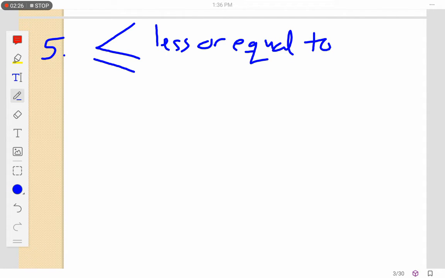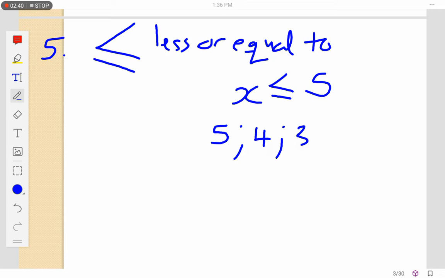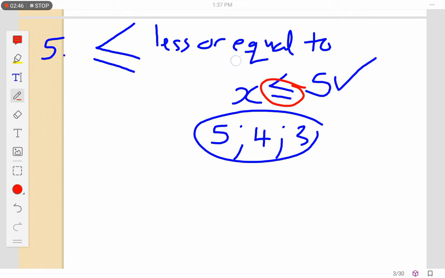An example, I can say x is less or equal to 5, meaning the values of x are going to start from 5 going down, which will be 4, 3, and so on, going down, but 5 is included because of this sign, which is the equal to part there.